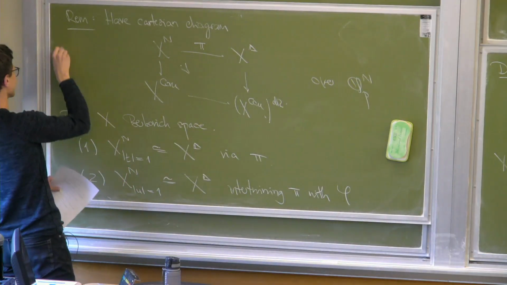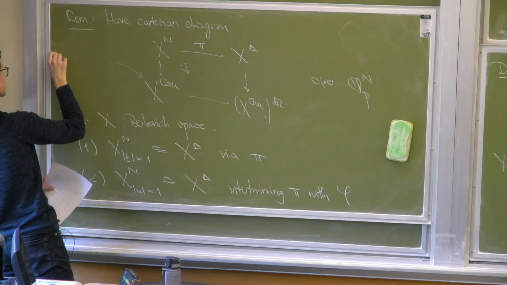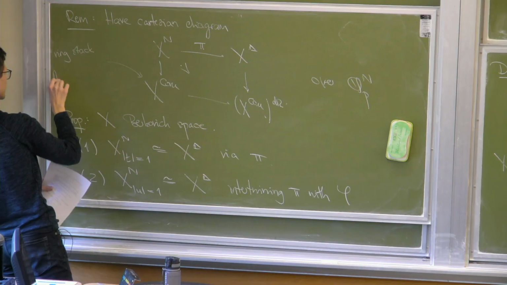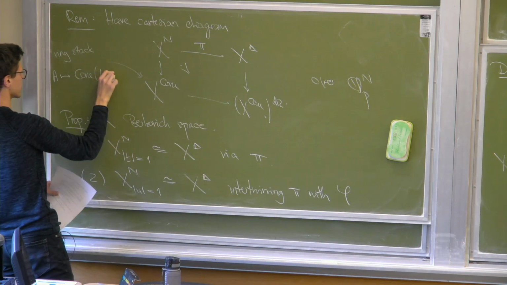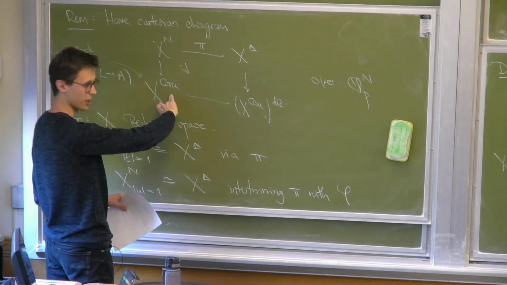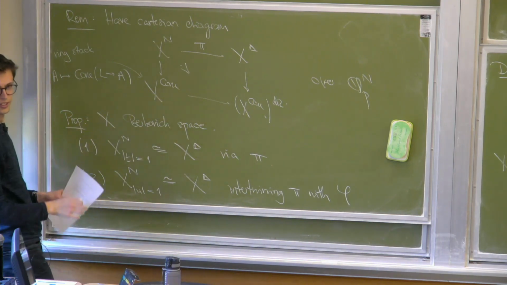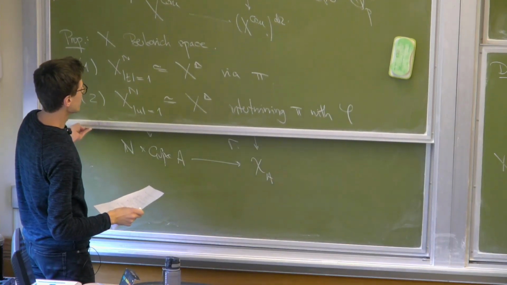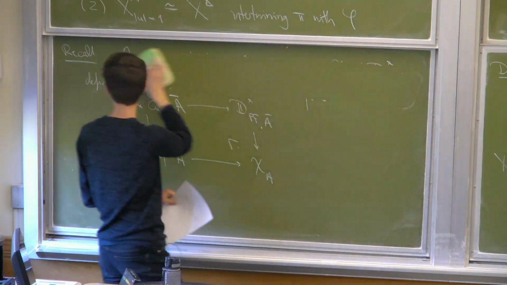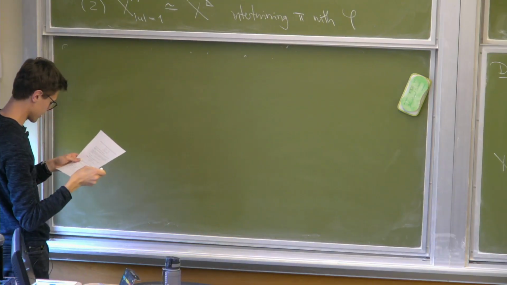X cone was defined using the ring stack, which sends A to the cone of L. In general, this is something which lives over A1 or GM, and given a generalized Cartier divisor, it parameterizes maps from this Cartier divisor to X. Okay. Right.